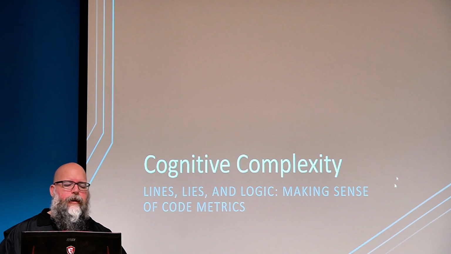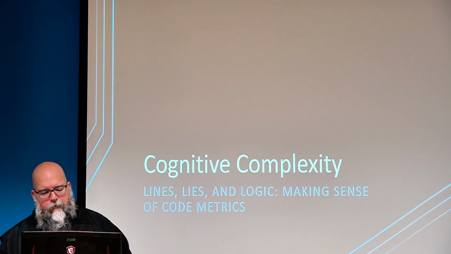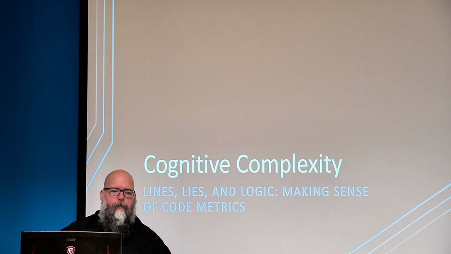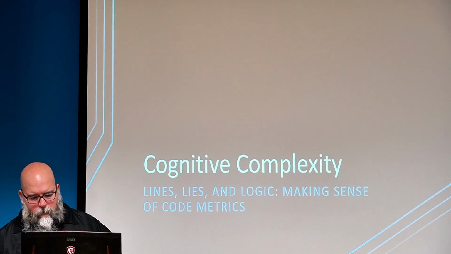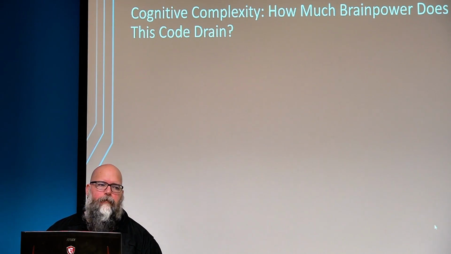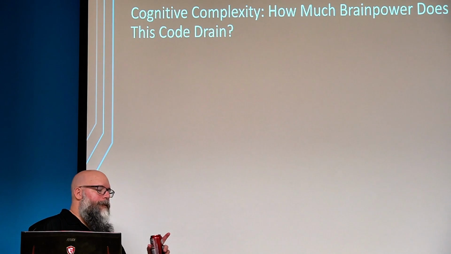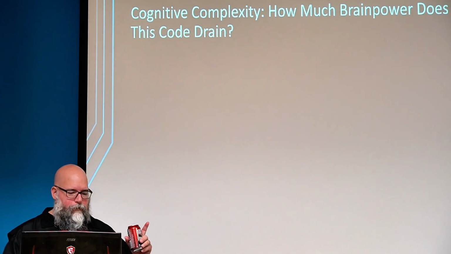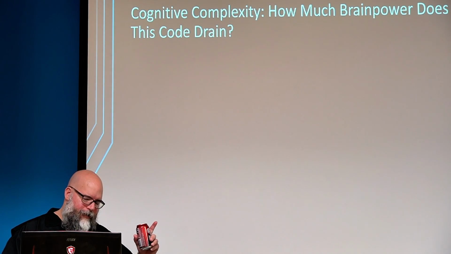Now this one is neat. I came across this one while I was soliciting feedback for putting this talk together. Cognitive complexity. How much brain power does this code drain? So the class that we're poking fun at is the cyclomatic complexity over 9,000.